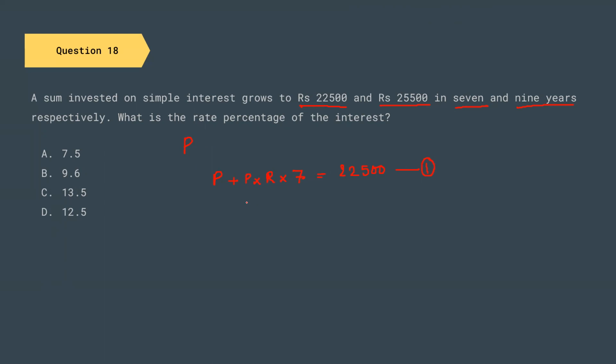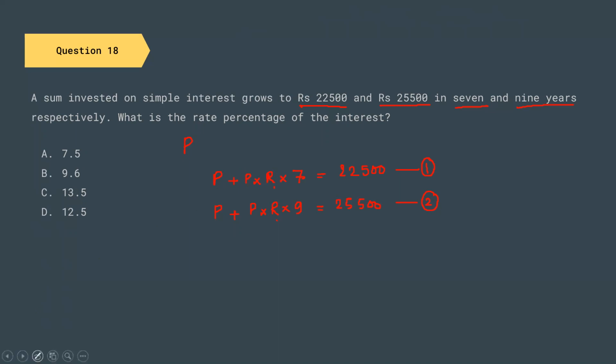And from the second information, principal plus principal into R into 9 is equal to 25,500, and that is equation number 2. From these two equations, we have to find the value of R. We don't need to find the value of P.